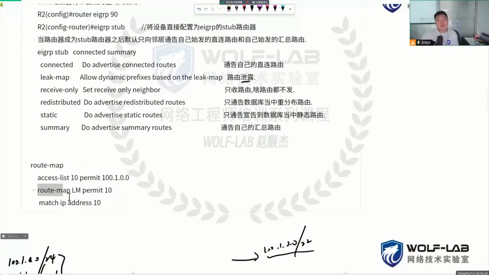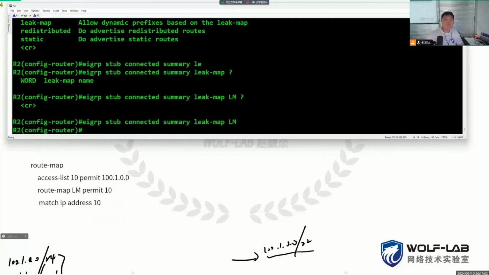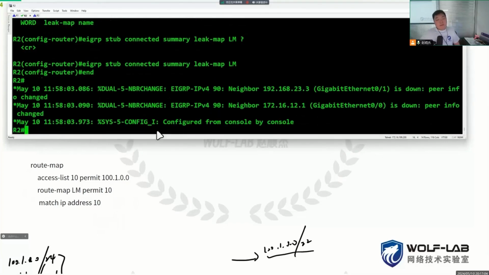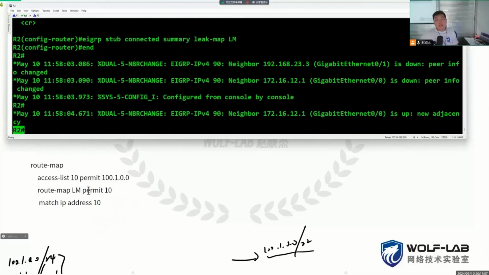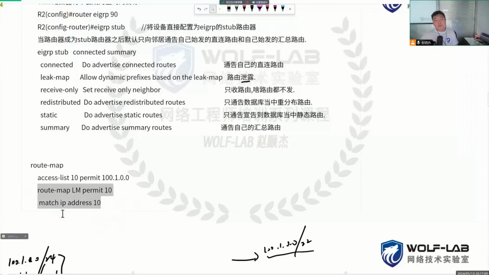Then we specifically target your list, your packet size, your various parameters to do matching. Each craft has its master, do what you should do. I match inside to match you, then target you to operate, then specifically use a route map to match out. We access control inside, captured the routing entry, and use leak map to do leaking.